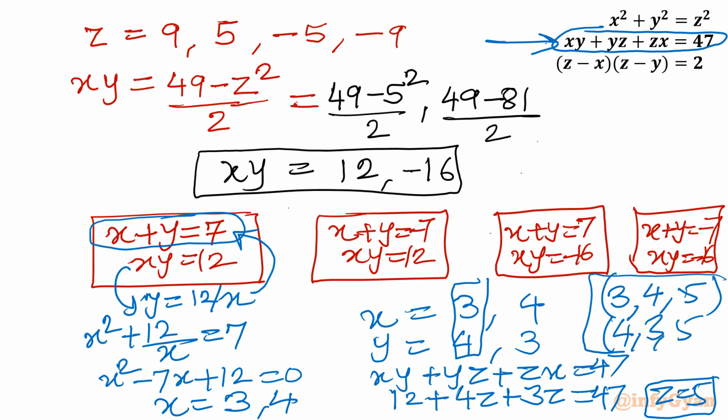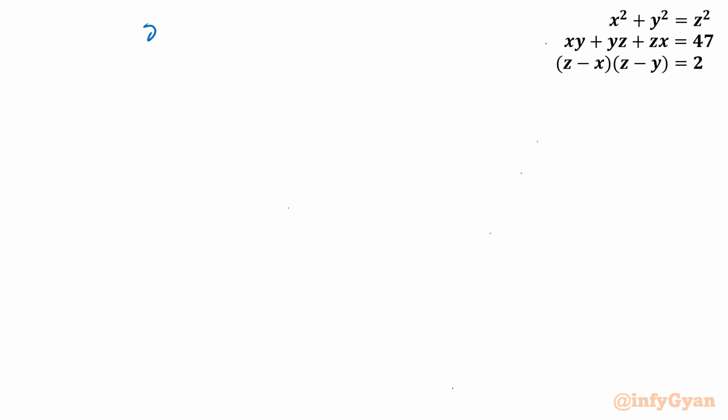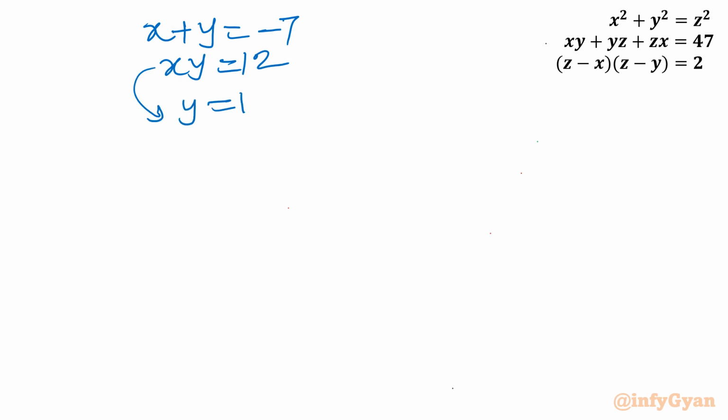From the first system of equation, we calculated two values. Now let us consider the second system of equation. X plus y is equal to negative 7 and xy is equal to 12. From here we will write y is equal to 12 over x. Let's put that in equation 1.